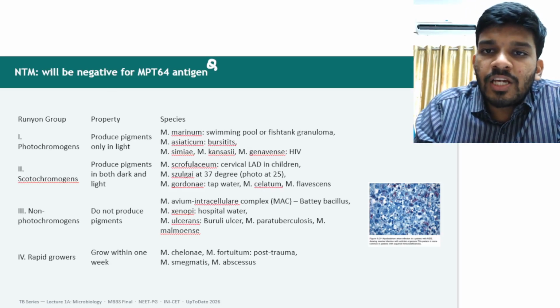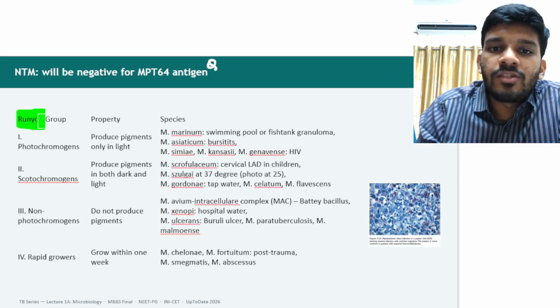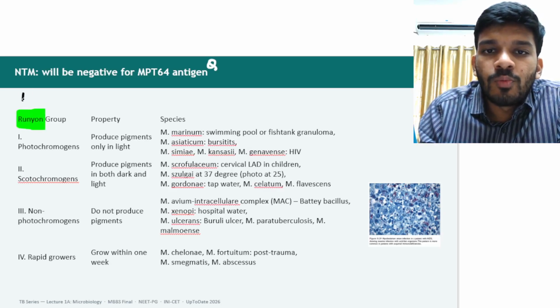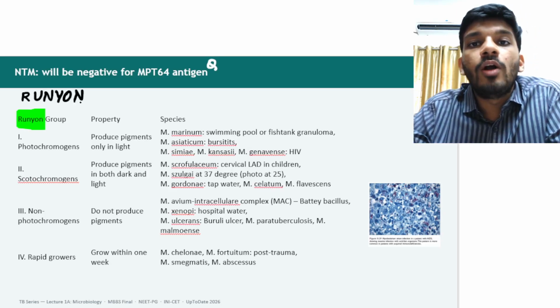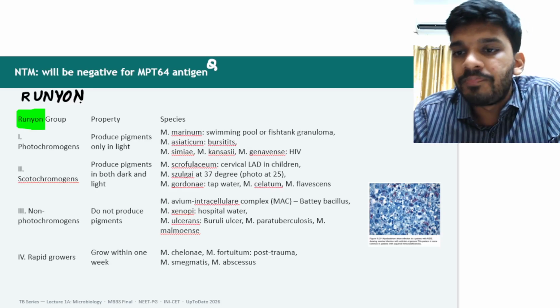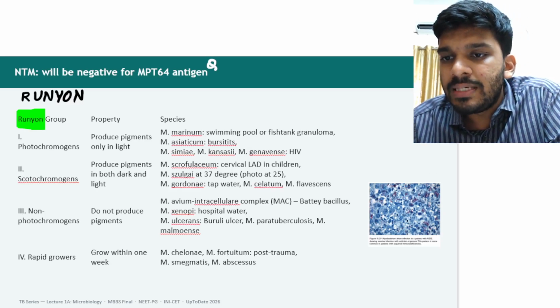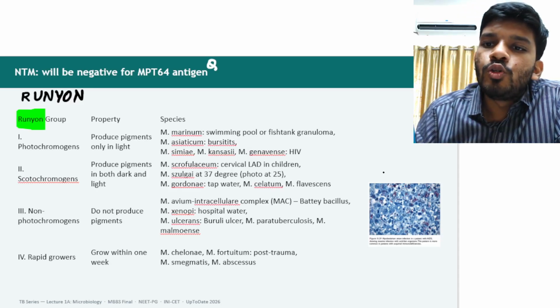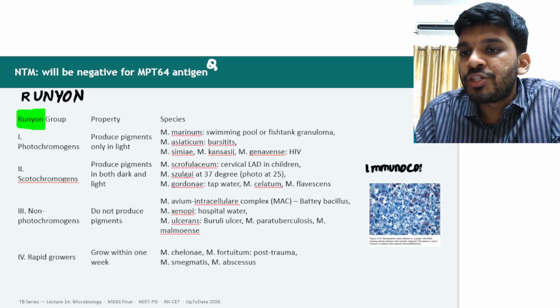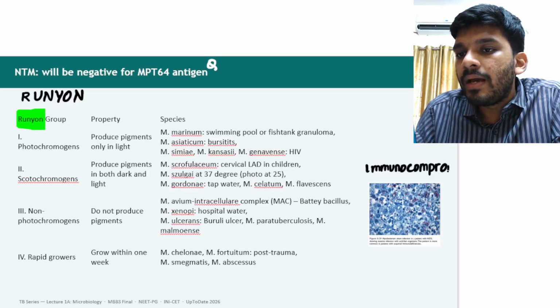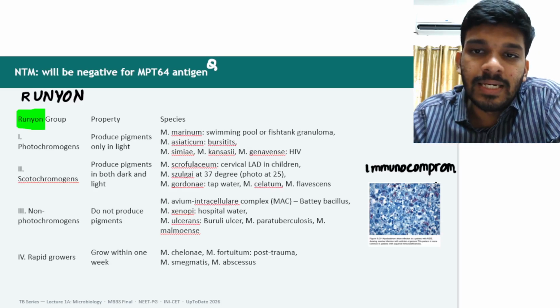Now, one classification that is important for non-tuberculous mycobacteria is known as the Runyon's classification, and we'll see a few points regarding them. You can see this image where you can see multiple acid-fast bacilli. Usually it will happen in the setting of an immunocompromised patient. They will tell you there is a patient who has HIV or some other immunocompromised state.